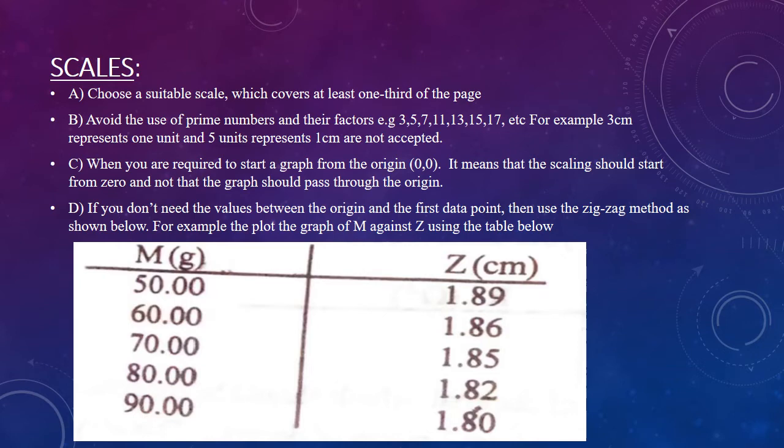Example: 3, 5, 7, 11, 13, 17. These are numbers that can only be divided by themselves and 1. Students should avoid using this set of numbers in their scales.